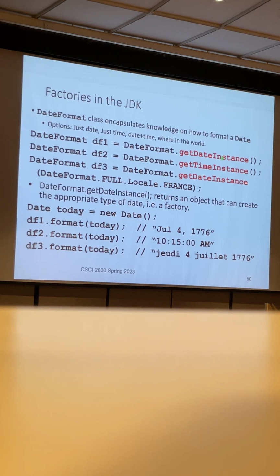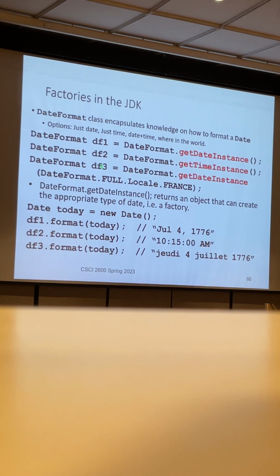So there's get date instance, a date formatter that shows just a date, or get time instance, just a time, or get date instance with the specified locale, which incorporates the language and all their cultural assumptions about how the date should be written. Right, so now we have three different date format objects.